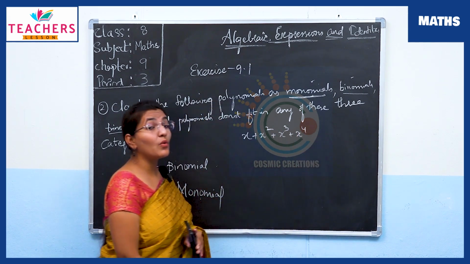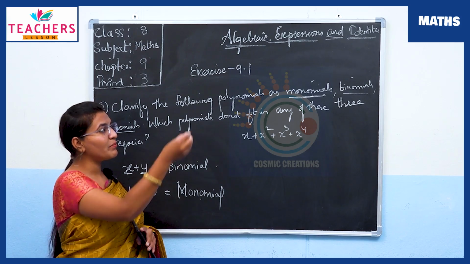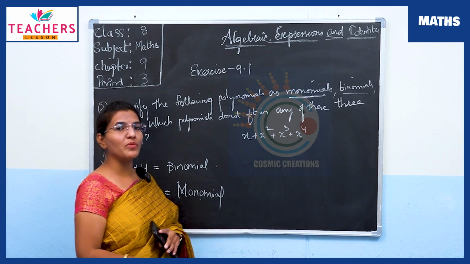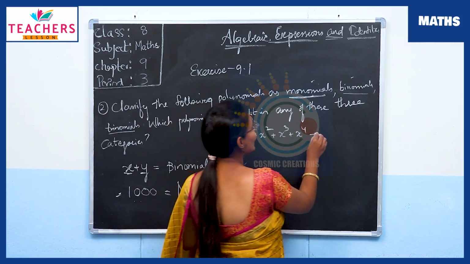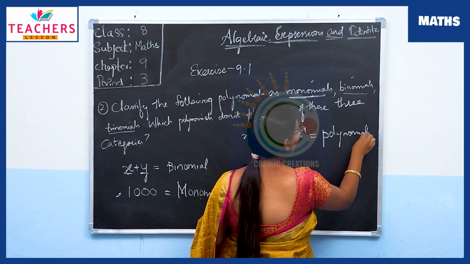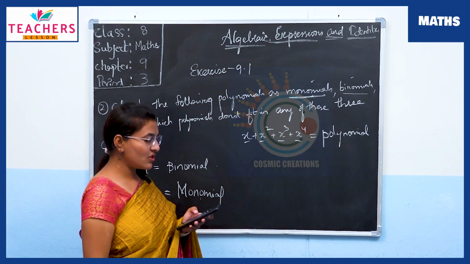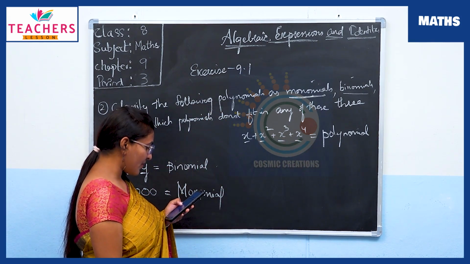Yes. Now what is this expression? Is it monomial, binomial, polynomial or trinomial? Yes, very good. It is a polynomial. Why? Because we have more than 3 terms, right? So that's the reason it is a polynomial.